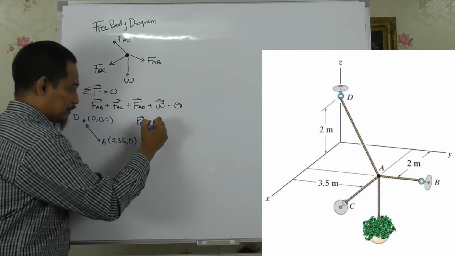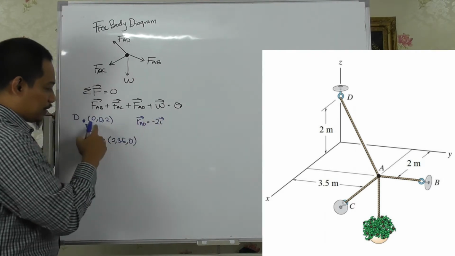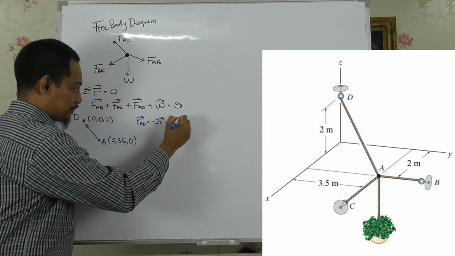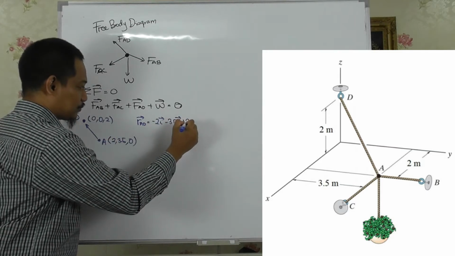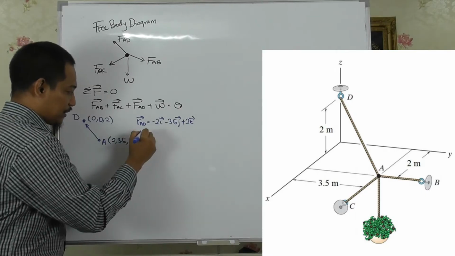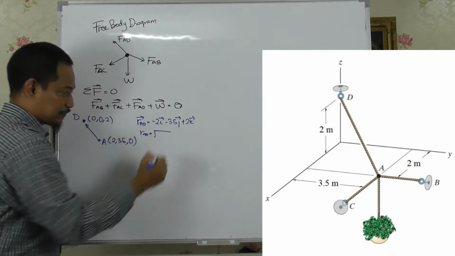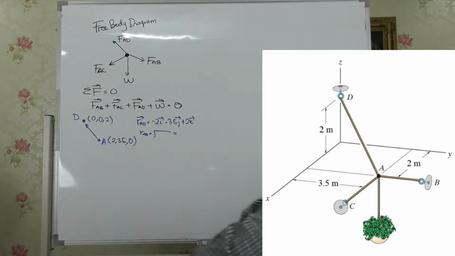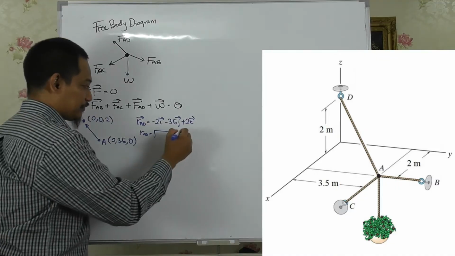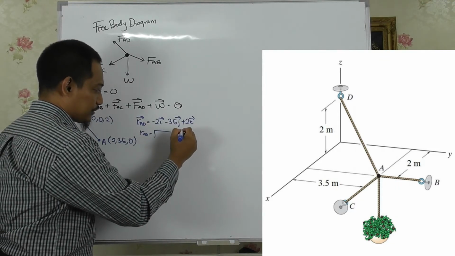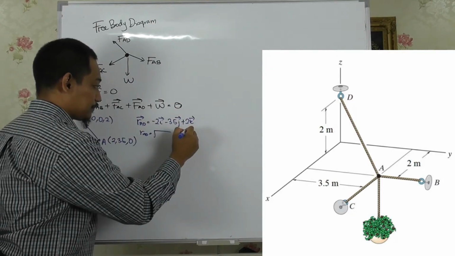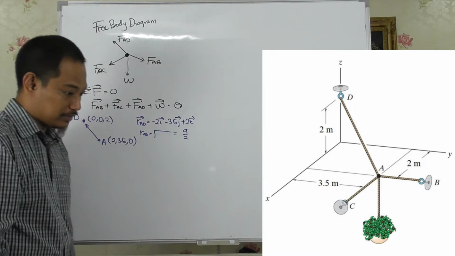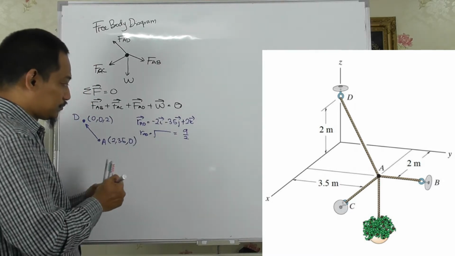So 0 minus 2 is negative 2i, 0 minus 3.5 is negative 3.5j, and then 2 minus 0 is plus 2k, right? So if you calculate the magnitude of RAD, you should get 4.5, or 9 over 2. Is it correct?